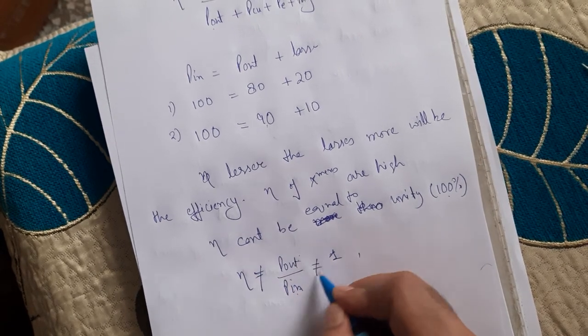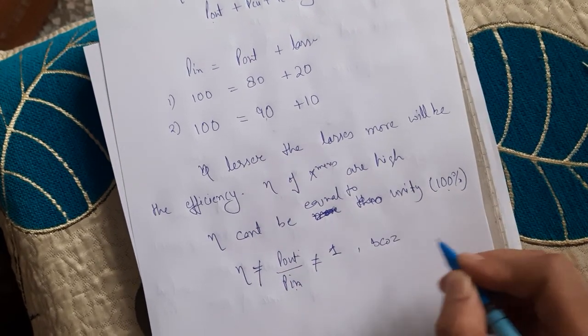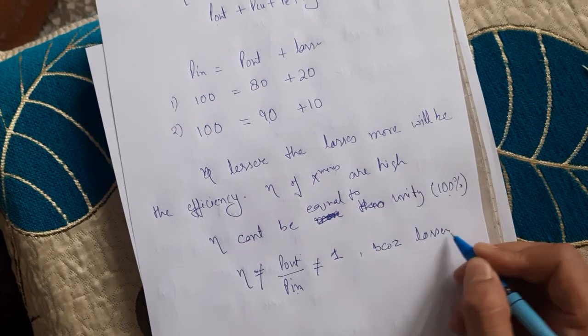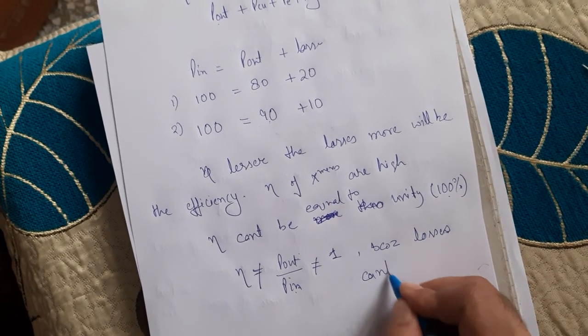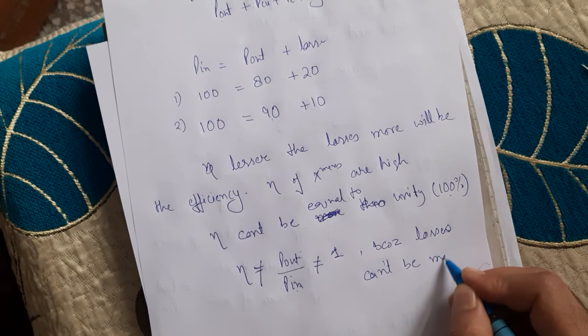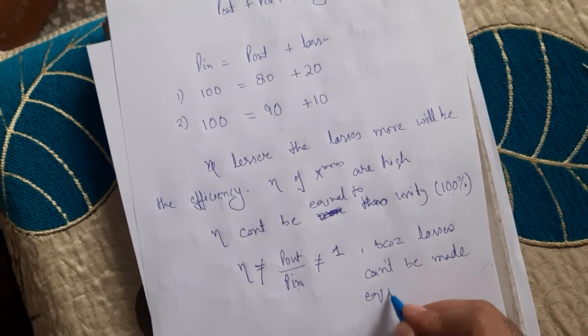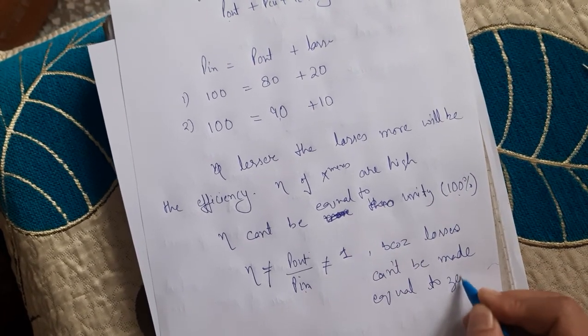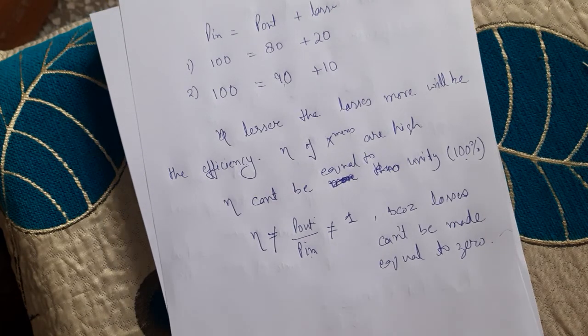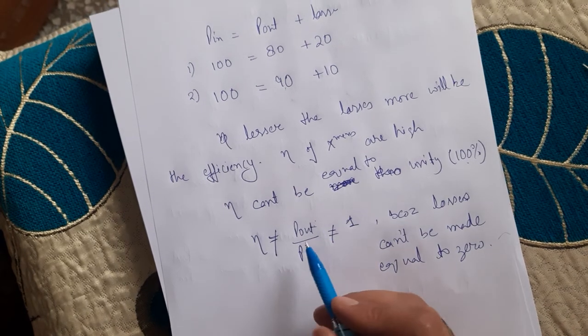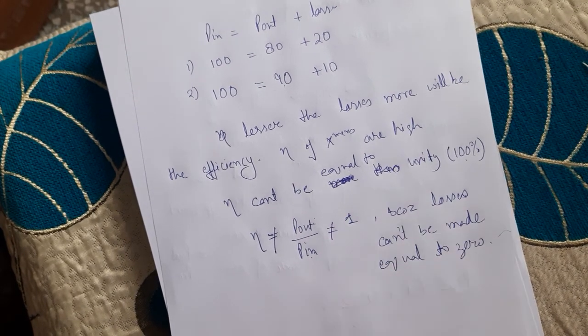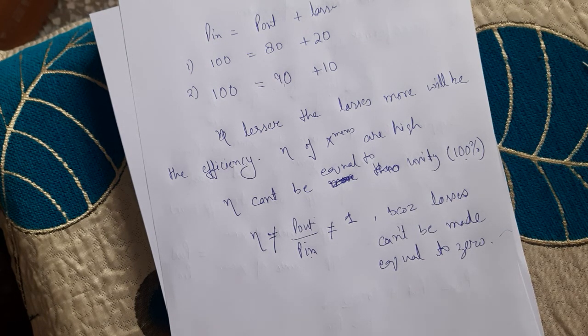Losses cannot be made equal to 0. So efficiency will always be less than unity. It cannot be equal to unity under any case.